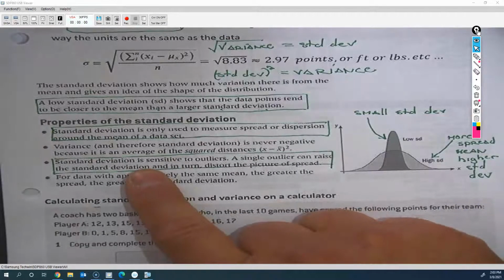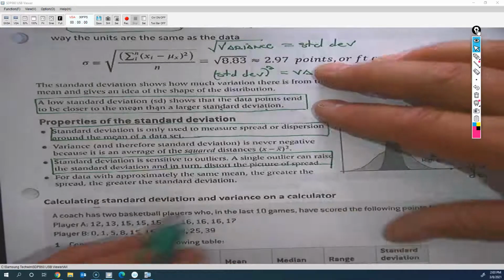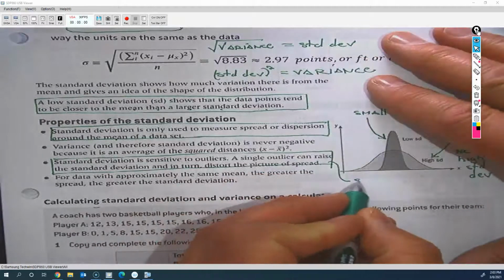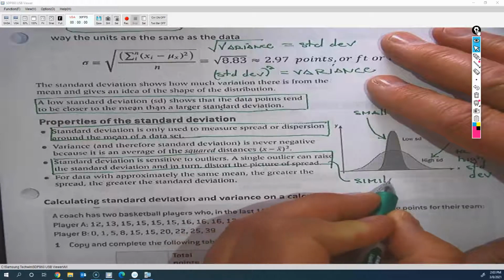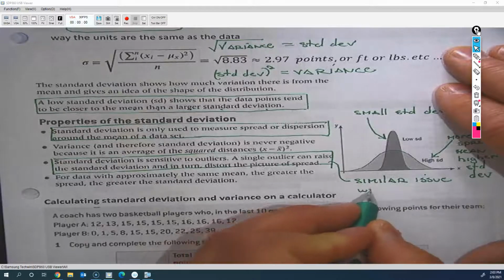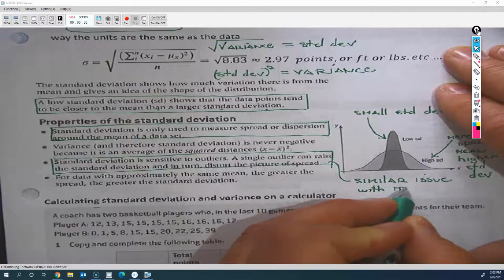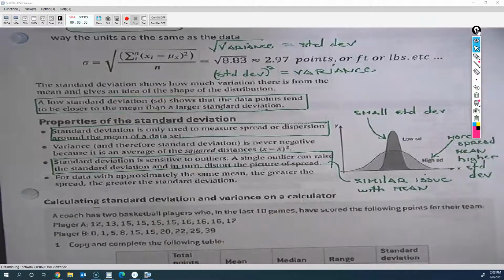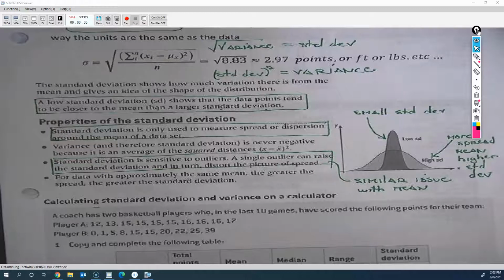So when something is far away from the mean, it's going to have a lot of effect on this standard deviation. This is a similar issue with the mean. Remember, the mean can really get affected by really big values and really small values. So standard deviation is not as robust, because if you have a really big number or small number, it's going to distort the spread.